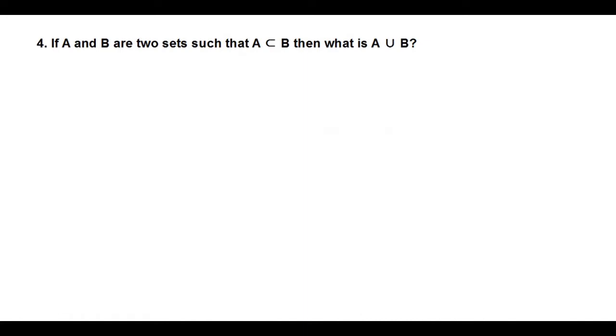Next, question number 4. If A and B are two sets such that A subset B. So they gave A subset B, which means you need to take some example. Let A equal 1, 2, 3, and take set B equal to 1, 2, 3, 4.